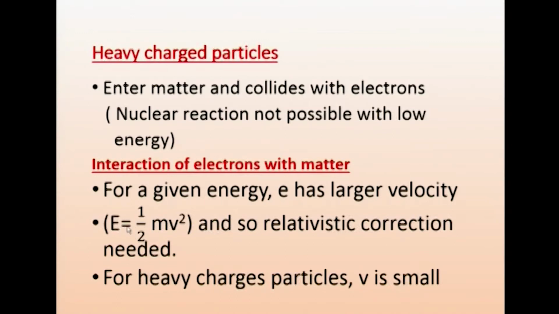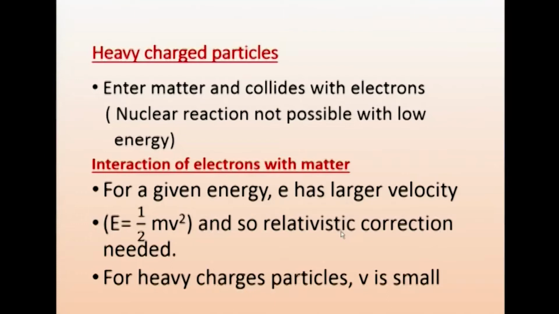For a given energy, when the mass is small, velocity will be large. Therefore, electron has large velocity because it has small mass, and because of the large velocity, relativistic correction will come into play. When the velocity increases, the mass will also increase.